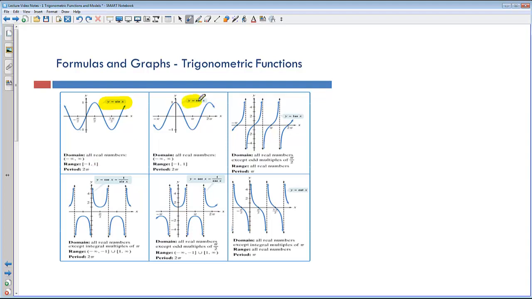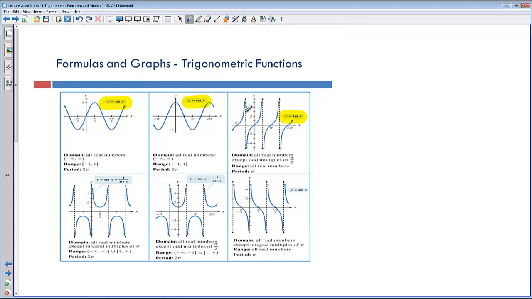The cosine function, notice, looks very much like the sine function. It's just shifted back by pi over 2. So cosine and sine are very similar, and if you think about the unit circle, that's true. The inputs and outputs in the unit circle are very similar to each other. And the tan of x looks a little funny. It has these vertical asymptotes.